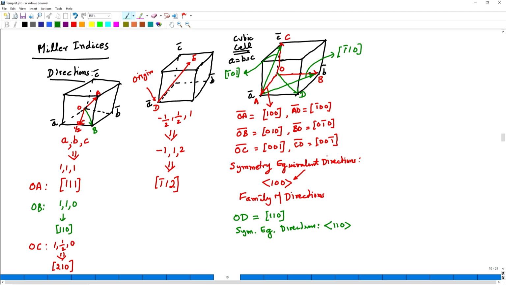So, what are the various directions? I can simply permute this and write all the symmetry equivalent directions. So, 1, 1, 0, I can write 1, 0, 1, 0, 1, 1, and one can write the negative directions as well.